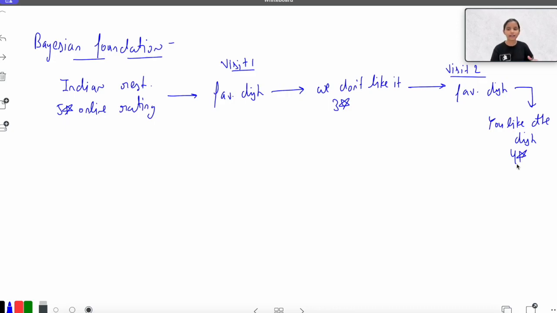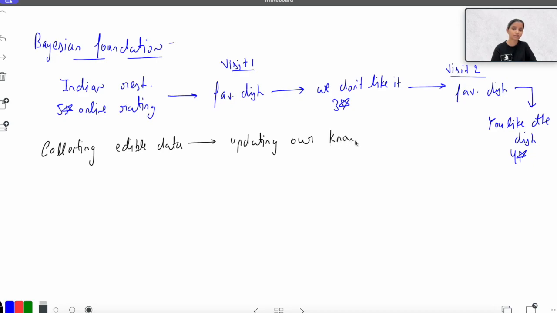As you continue to visit the restaurant, you are collecting some edible data, and with that data we are updating our knowledge or information each time.